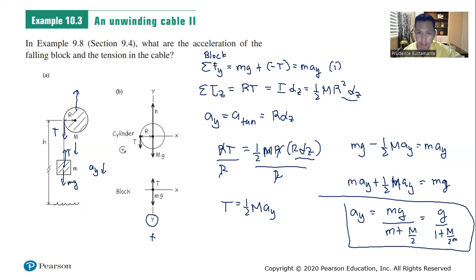To get the tension T, T is just equal to mg minus m a_y.